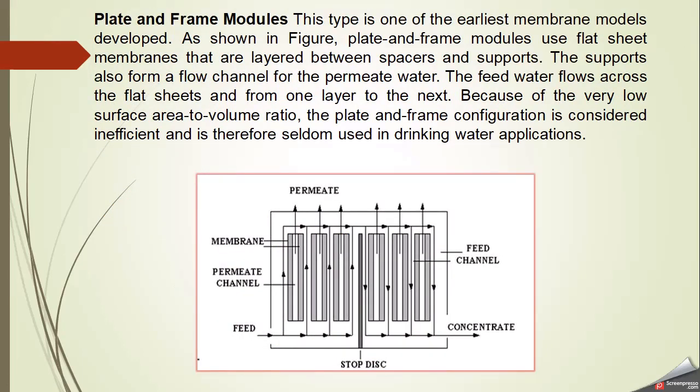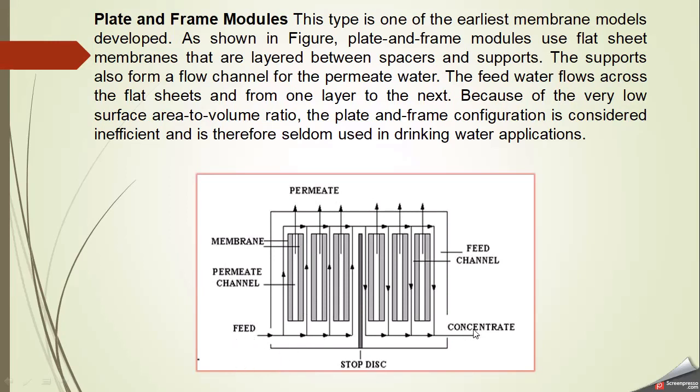First type is the plate and frame module. This type is one of the oldest membrane modules developed, as shown in the figure. Plate and frame modules use flat sheet membranes that are layered between the spacers and supports. These black bars are basically spacers and supports.